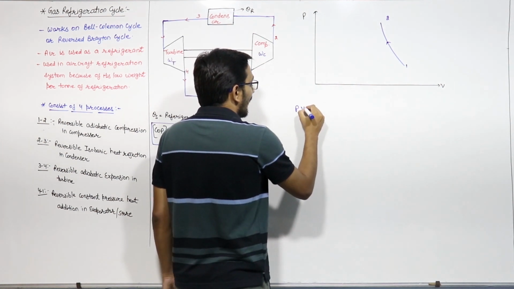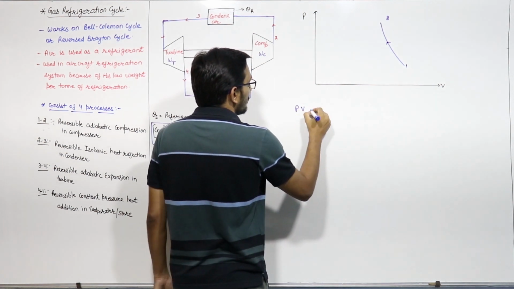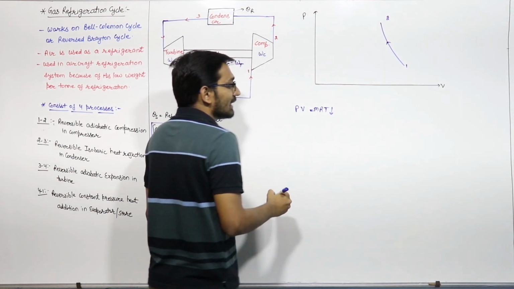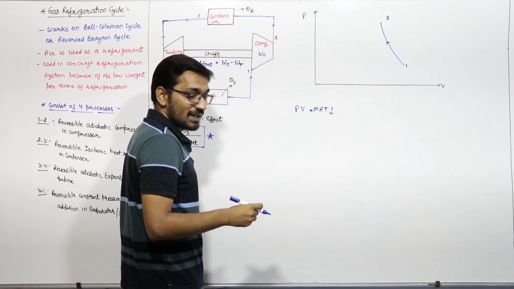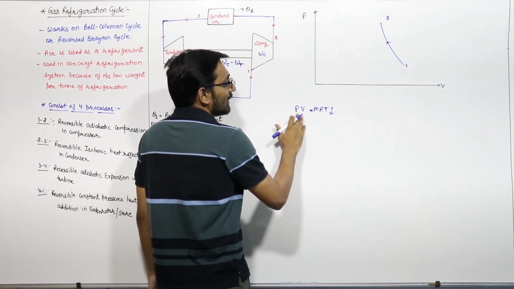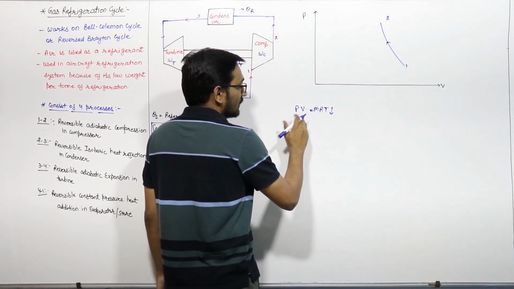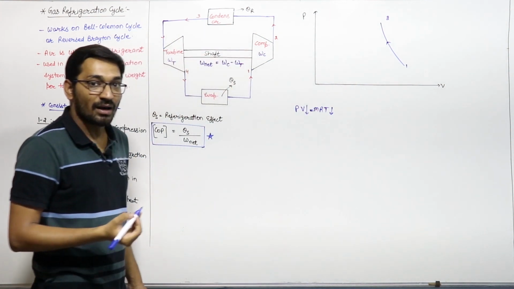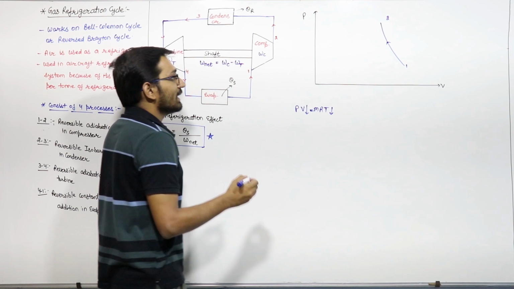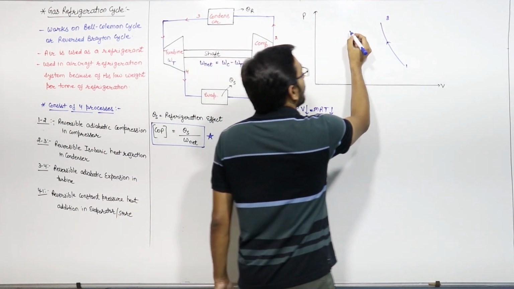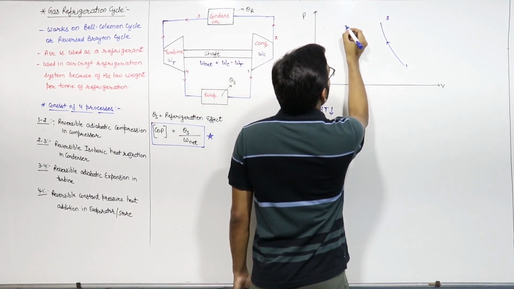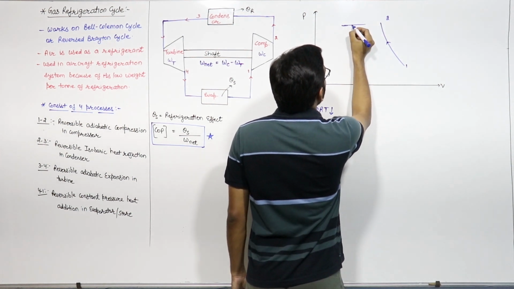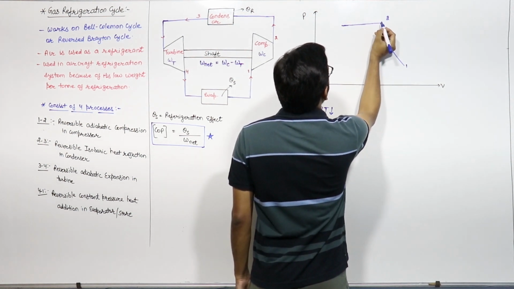Because in the ideal gas equation, PV equals mRT, if the temperature is decreasing and you have to maintain constant pressure, then obviously you have to decrease the volume, because m and R are constant. So process 2 to 3 at constant pressure is a horizontal line, like this.